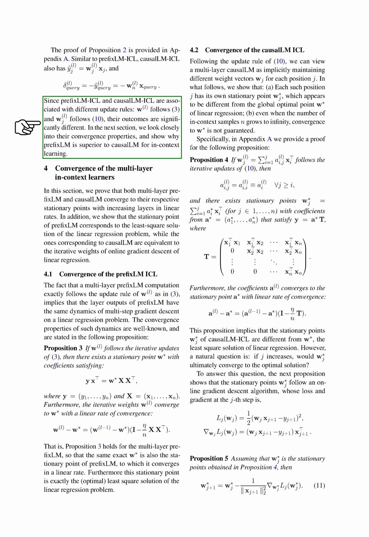Next, let's discuss the convergence of the causal LM in-context learner. Following a specific update rule, a multi-layer causal LM can be seen as maintaining different weight vectors for each position. We'll show that each position has its own stable point, which appears to be different from the global optimal point of linear regression. Even when the number of in-context samples grows indefinitely, convergence to the global optimal point is not guaranteed.